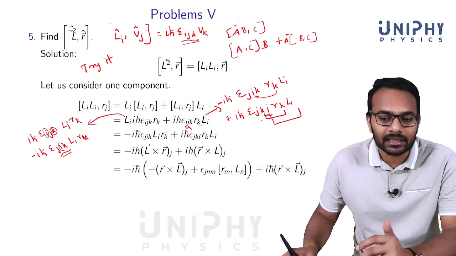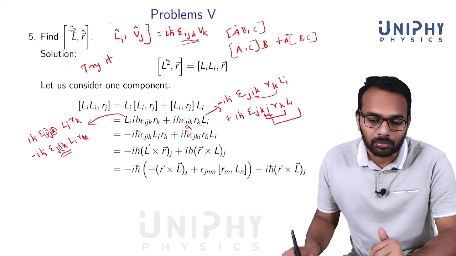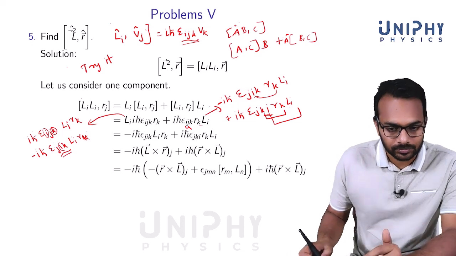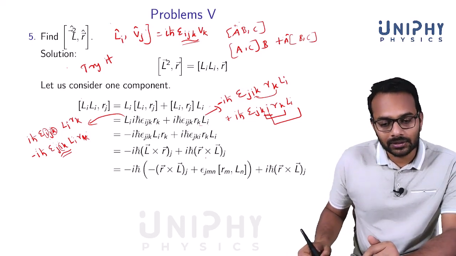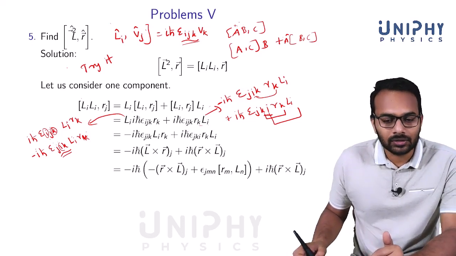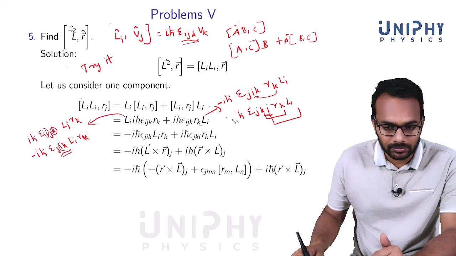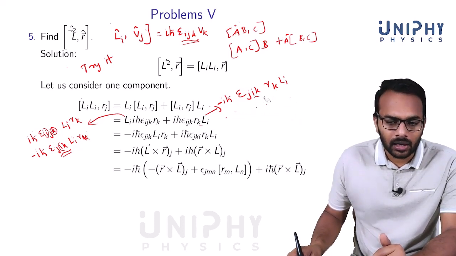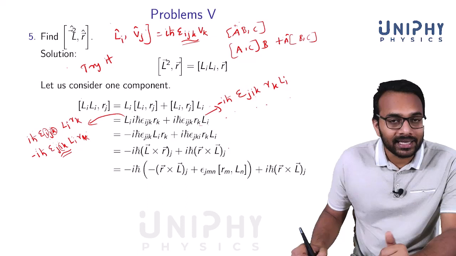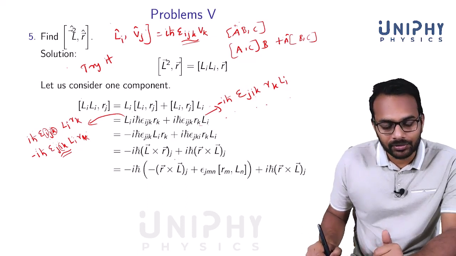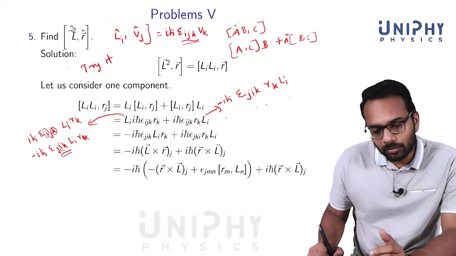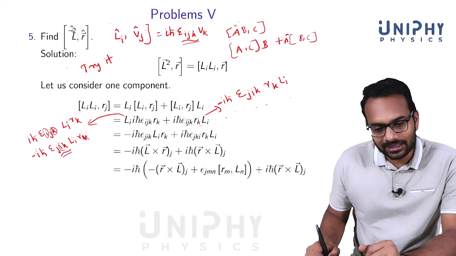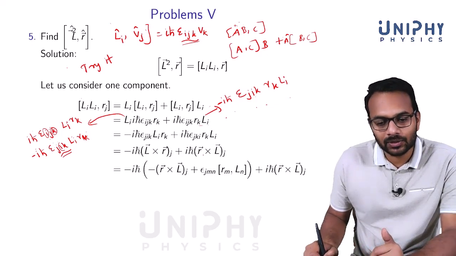This is clearly in the form of a cross product. This is the jth component of R vector cross L vector. So iħ (R cross L) jth component. Fine. So now let's try if we can combine these terms. The normal temptation is to write it simply as minus iħ L cross R.